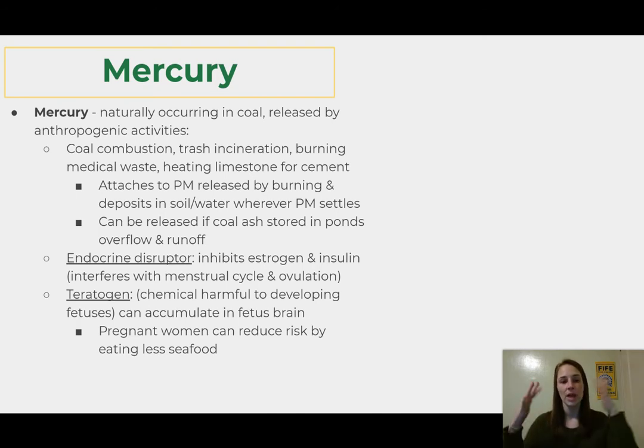So pregnant women need to decrease their chance of mercury exposure. Mercury can be high in fish because it accumulates as you go up the food web. And so pregnant women need to be really careful about the type of seafood that they are eating, because if you get mercury levels that are too high when you're pregnant, it can cause harm to the developing fetus.